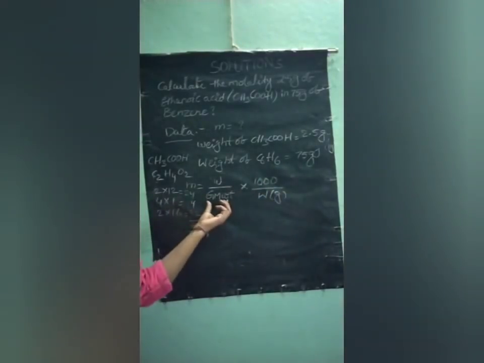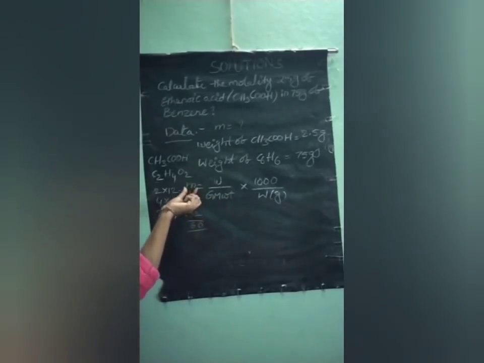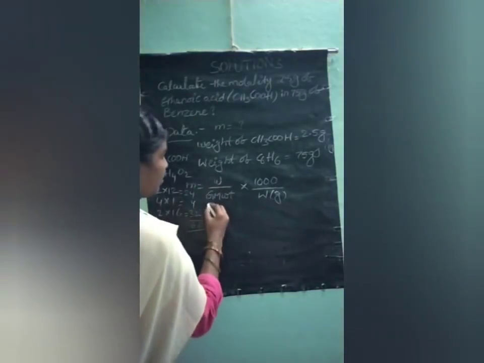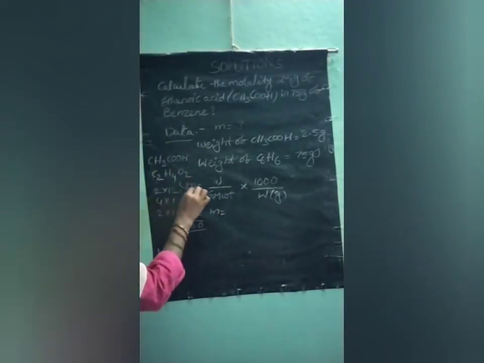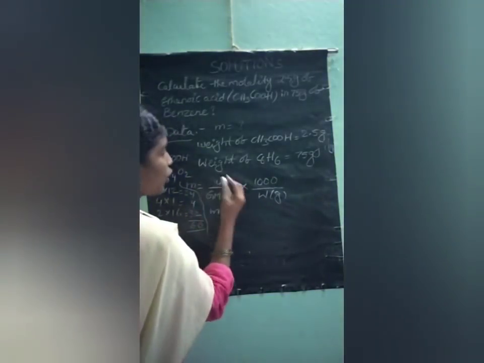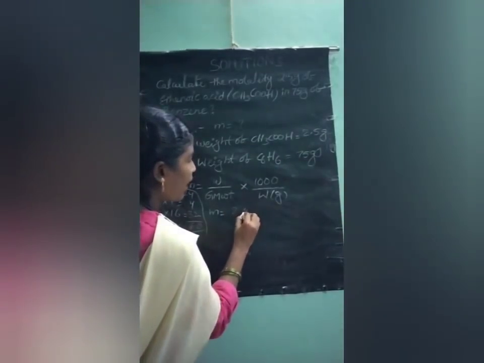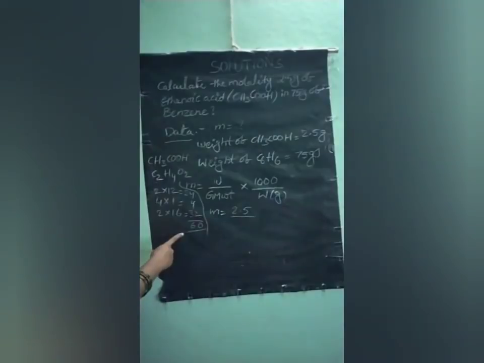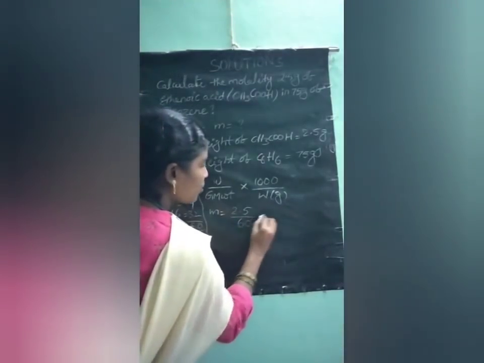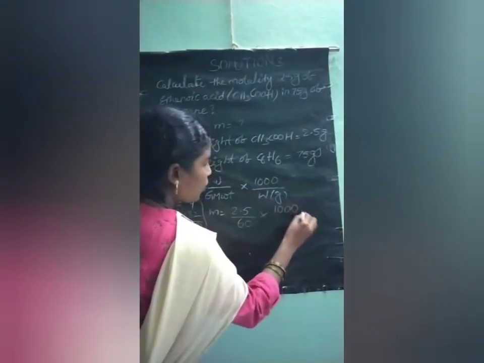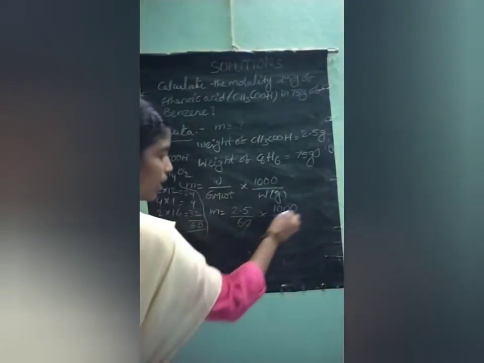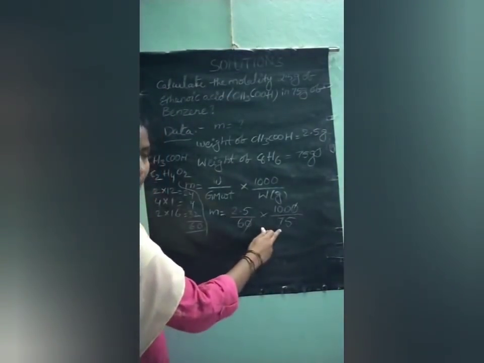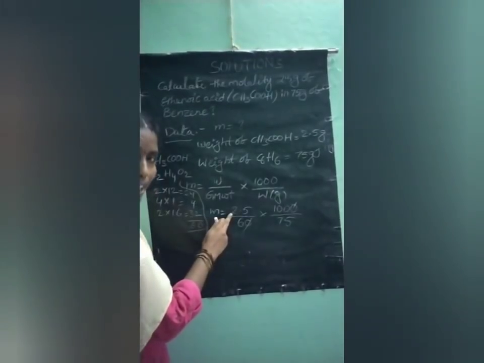So total data is given, and we find the molality of the ethanoic acid. Substituting all these values, molality is equal to weight of the ethanoic acid, that is 2.5 grams, by gram molecular weight of ethanoic acid, 60, into 1000 by weight of the solvent, that is benzene, 75 grams. Cancel the zeros, 2.5 and 75, simply 25 into 0.1.